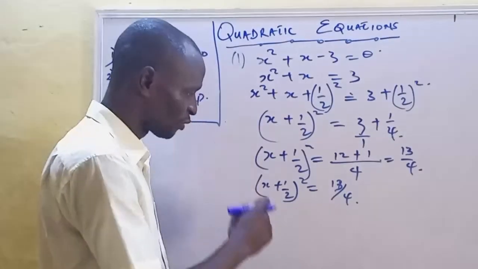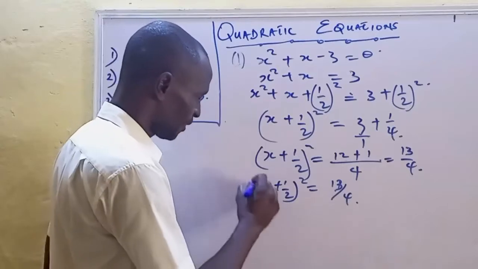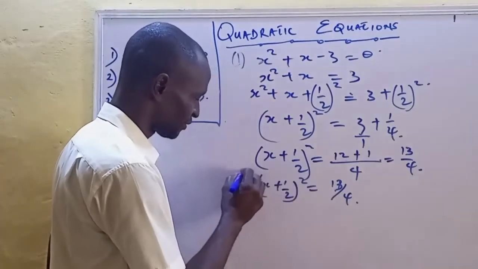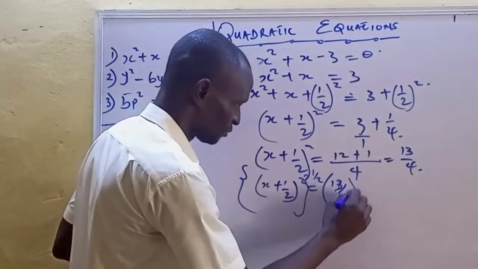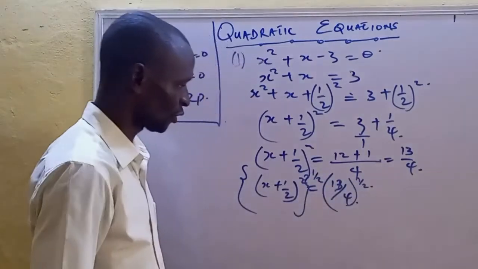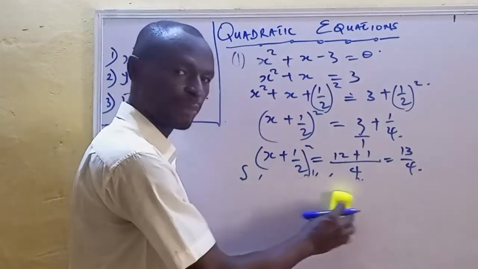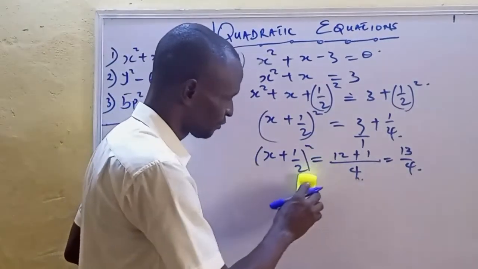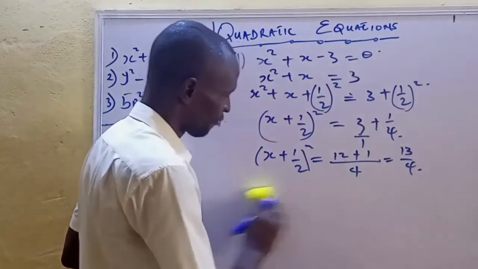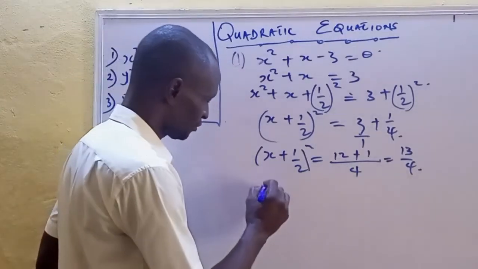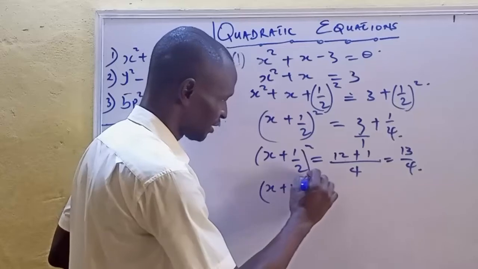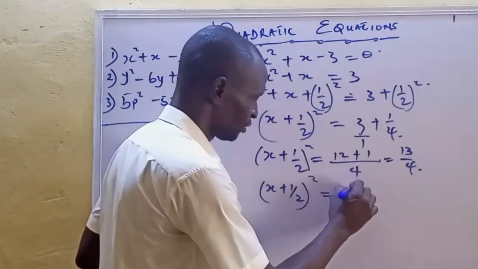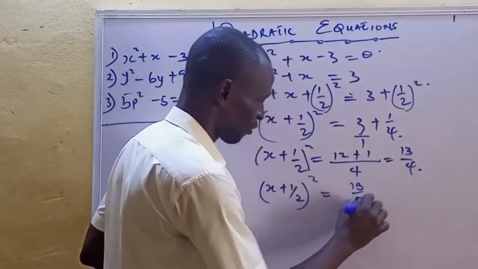Now we're going to take the square root of both sides. Let me make the expression more obvious. x plus half all squared is equal to 13 over 4.